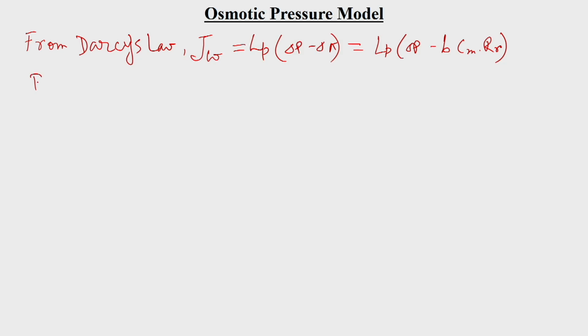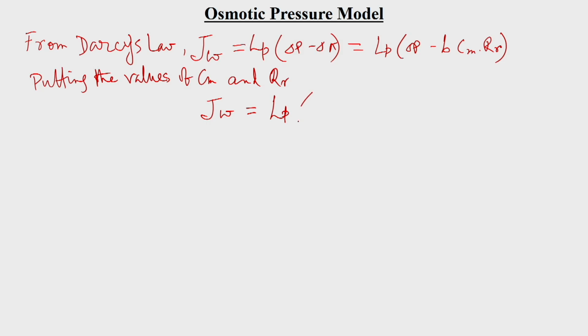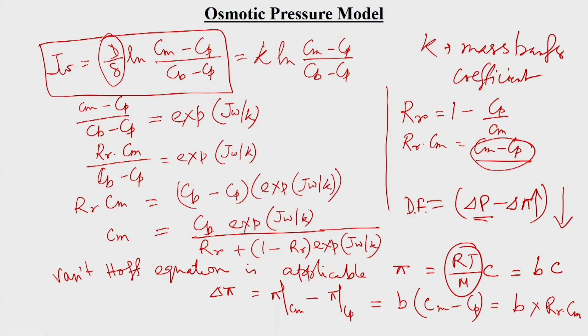Putting the values of Cm and Rr, we get the water flux or permeate flux value Jw as Lp into delta p minus B into Cm into Rr, where Cm is what we obtained from the previous equation: Cm is equal to Cb into exponential Jw by k by Rr plus 1 minus Rr into exponential Jw by k.